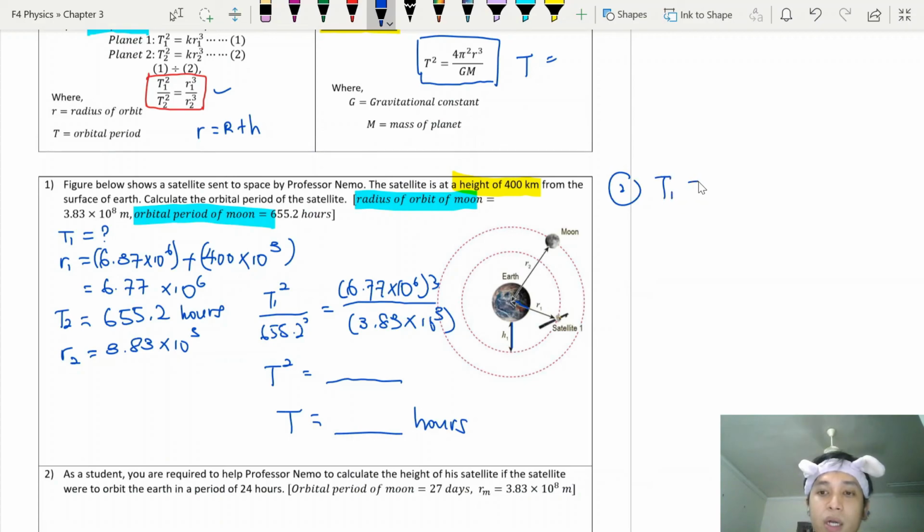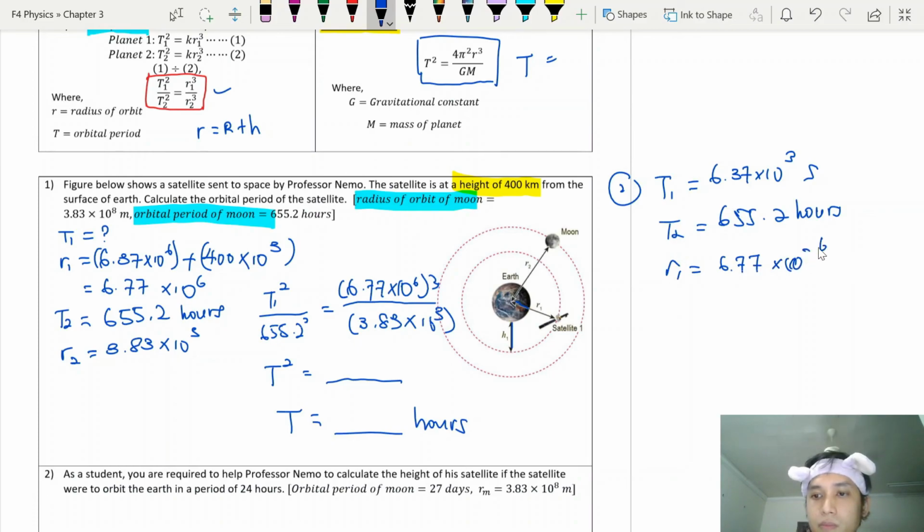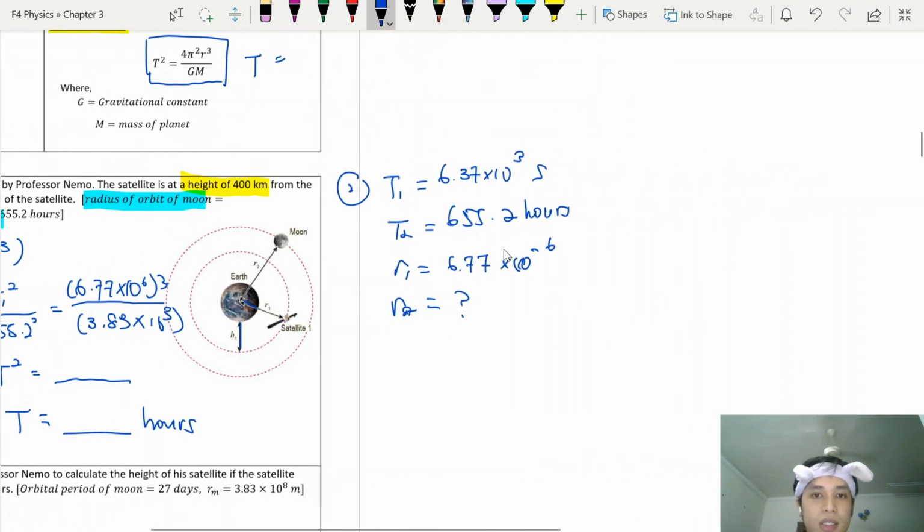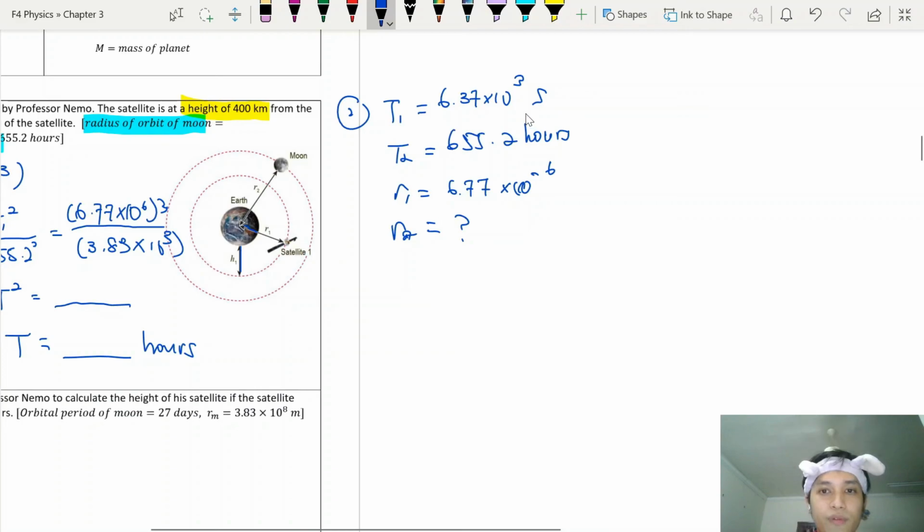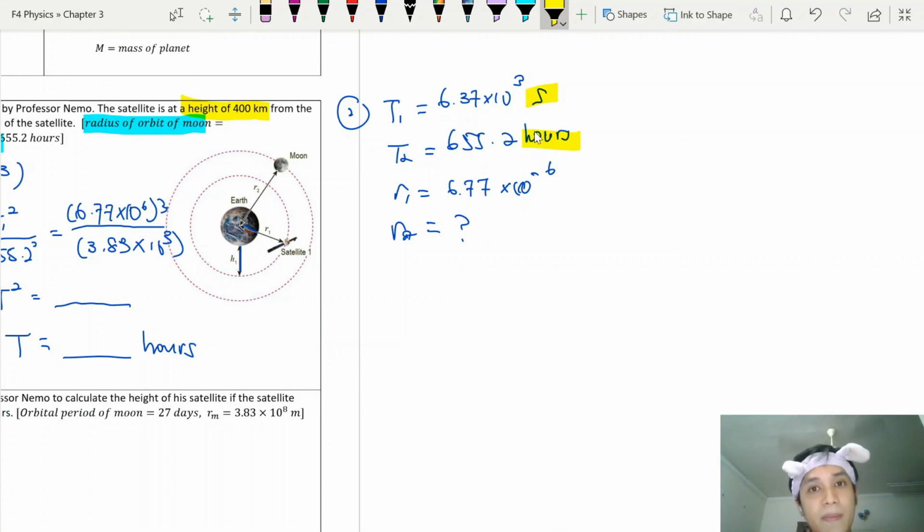If they give me T1 in seconds, for example, and then the T2 they give me is in hours, and then they give me R1, and they want me to calculate R2. Now in this case, if both orbital periods are given, but the units are different, you need to change so that both are the same. So you need to remember this.